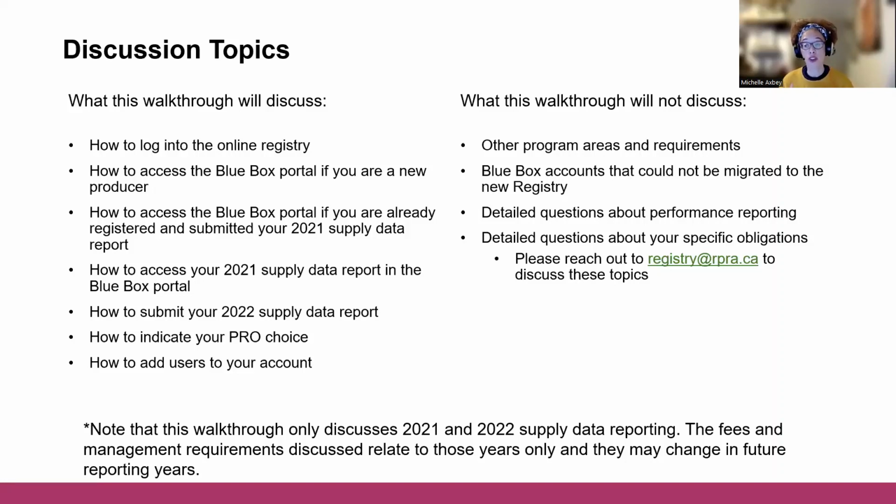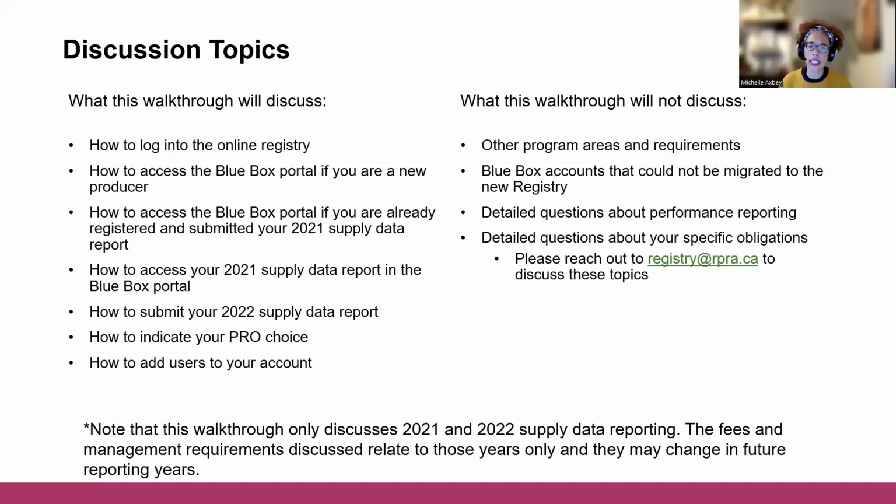Those cases have already been assigned to a compliance and registry officer, and we have reached out to all of those contacts to say, we need to work with you to ensure that your data is accurate and in the portal. So if you are one of those producers, you should have already received an email. If not, please email us at registry@rpra.ca, and the officer who is assigned to your case will reach back out to you.